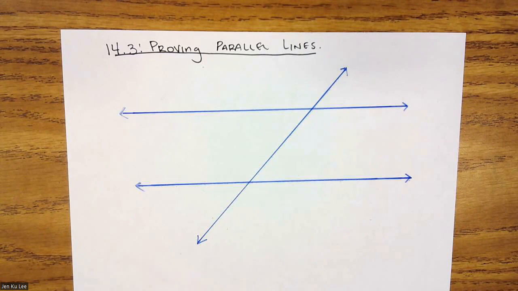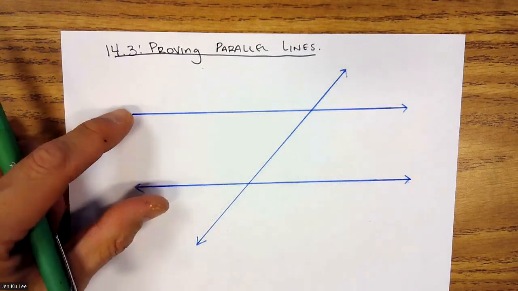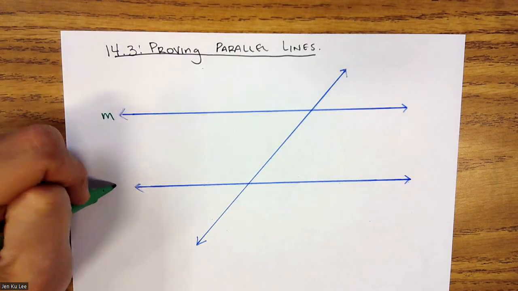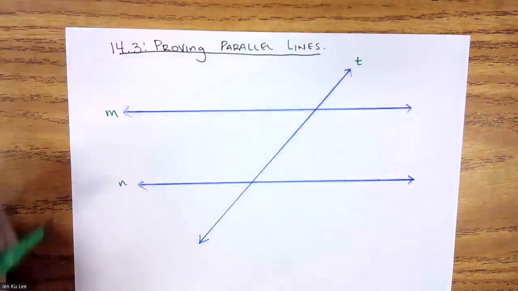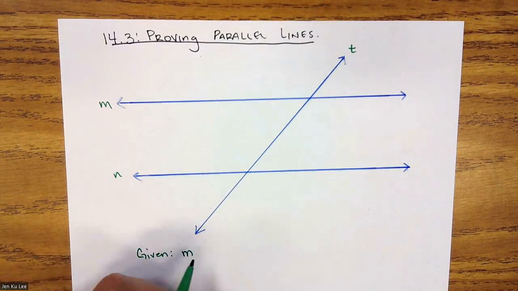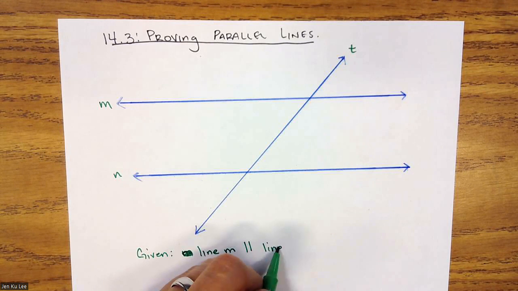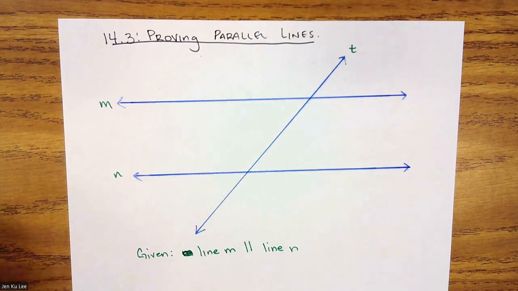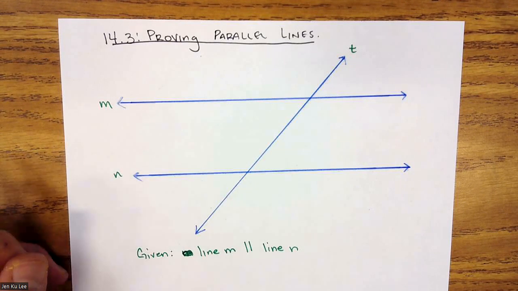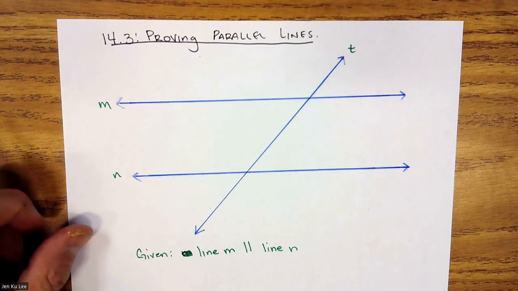Now, in our previous lesson, we talked about if we have this picture and these two lines, M and N, are parallel. We're given the fact that line M is parallel to line N, and T was our transversal that cuts, or intersects, those two parallel lines.